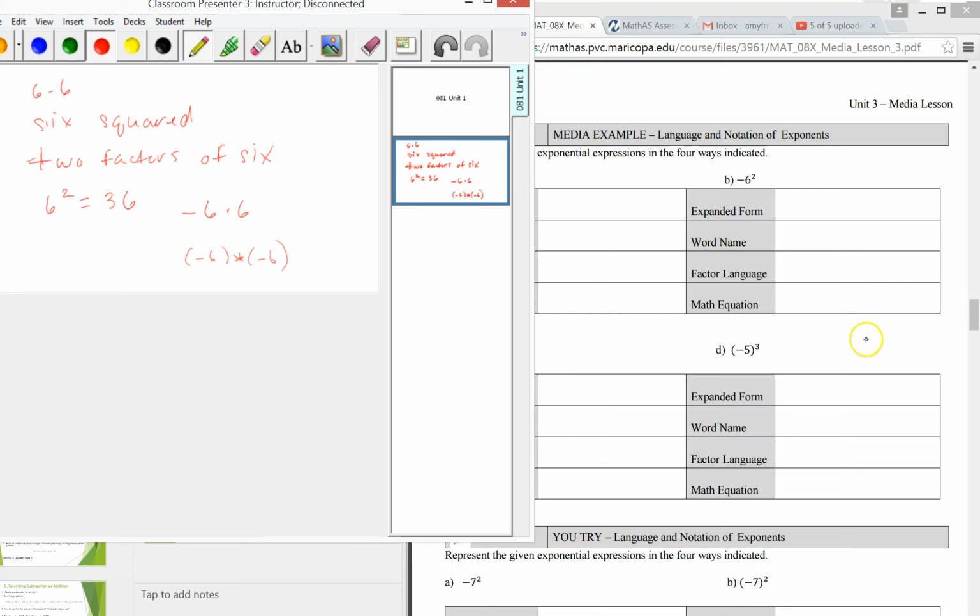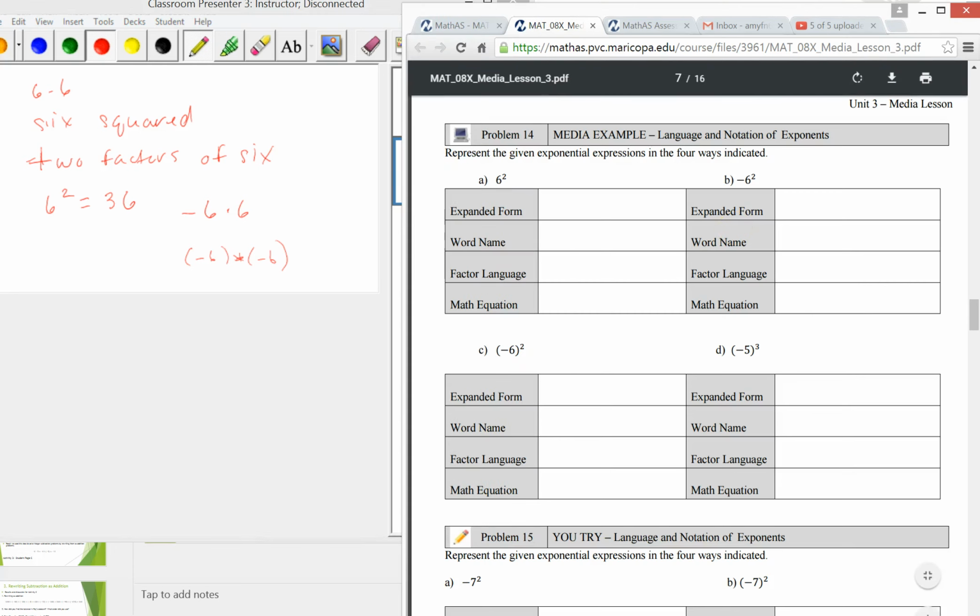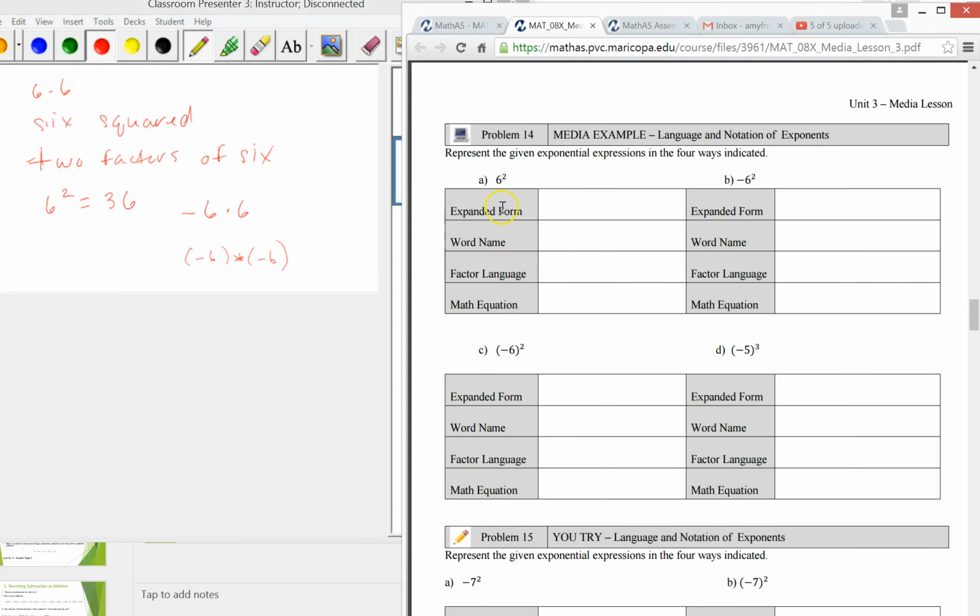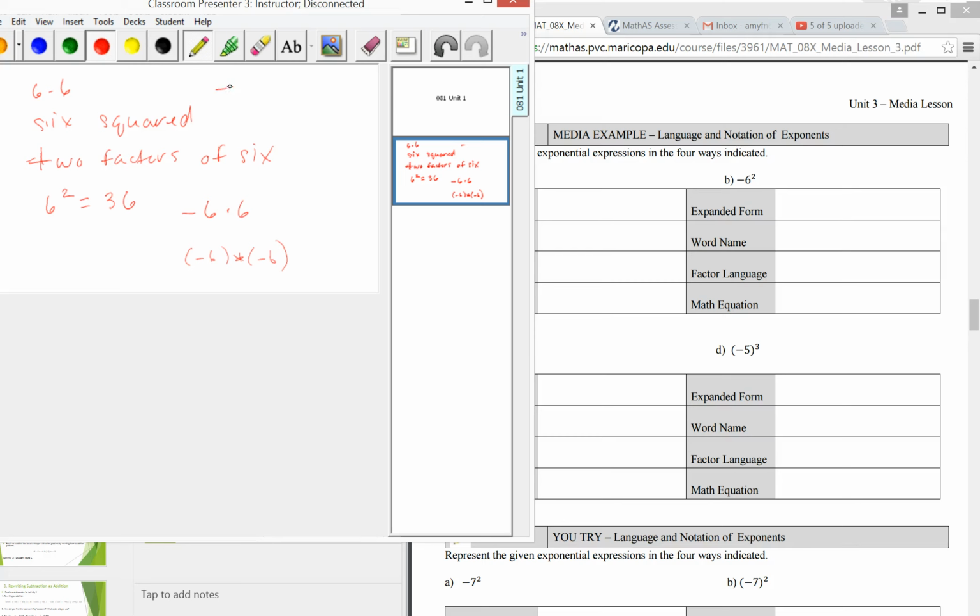So we want them to start to distinguish between all these different types. I'm sure you've seen them have problems with these before, and whether they're squaring the negative or not. You can talk about how negative, or the opposite of 6 squared, can be seen as negative 1 times 6 squared.